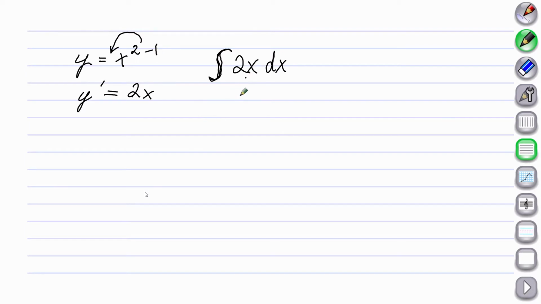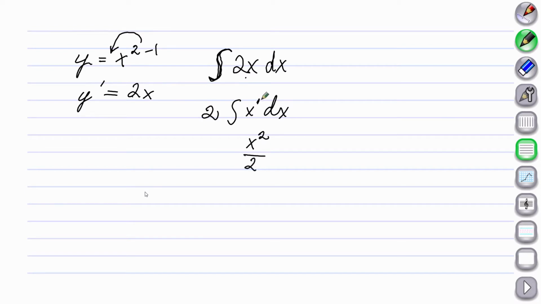So the antiderivative of this is we're going to pull this 2 out of here. This 2 is going to stay. We can write it like this. And what we're going to do is increase the power of this x. Instead of making it smaller, this is x to the 1. Now it's going to be x to the 2. And we're going to put it over 2.